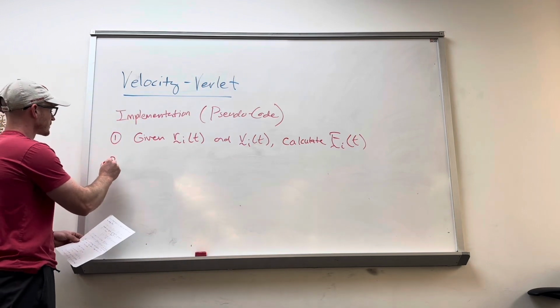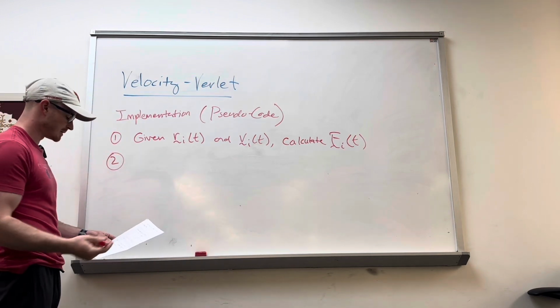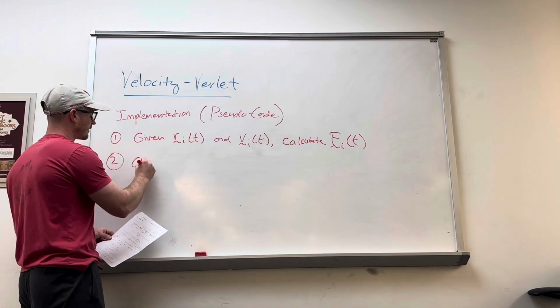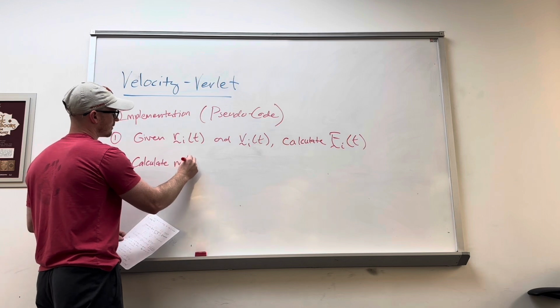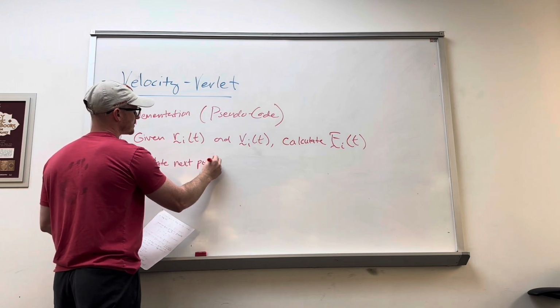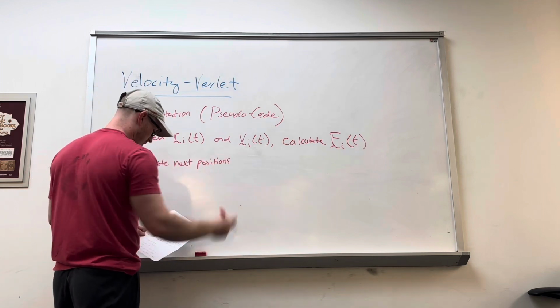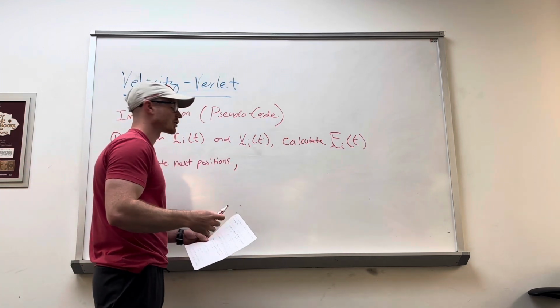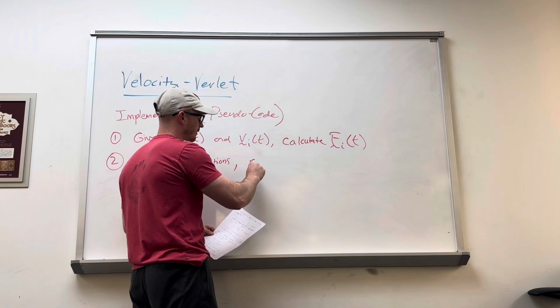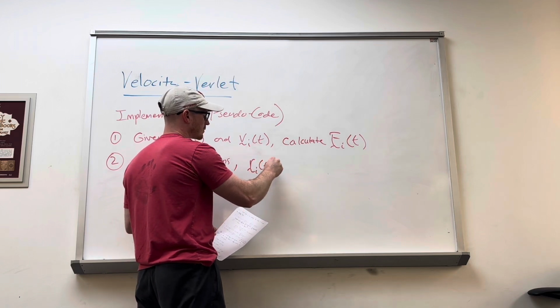Using this force, we're going to update our positions. So we're going to calculate our next positions. And recall, we can just do that because we don't need any extra information than we did in the Euler algorithm. We have all the information we need.